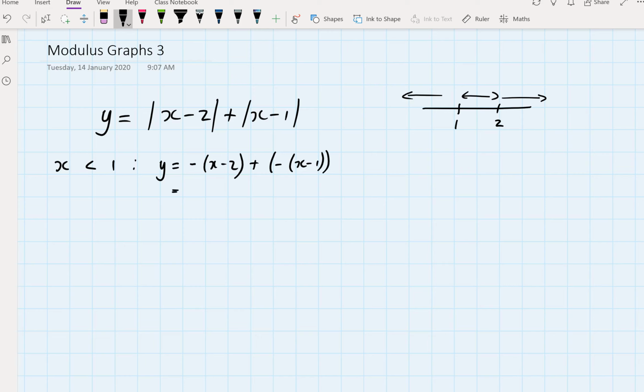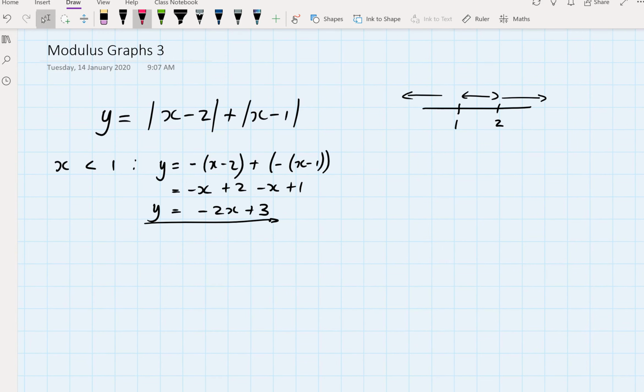Now if I do all of that, I'm going to get minus x plus 2 minus x plus 1. In other words, I'm going to get the graph minus 2x plus 3. So when x is less than 1, I'm going to get this function here.